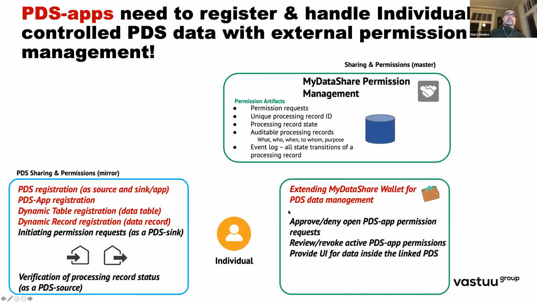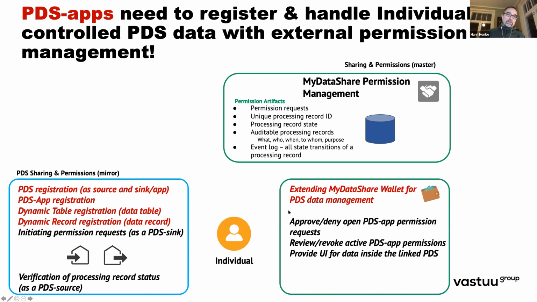So what's the delta visible here? You would have to register and handle the individual control PDS data with external permission management. And all the reds there are at least somewhat tricky things to do. To some extent, you could replicate those PDSs as typical data sources or data sinks from the Mydata share perspective.